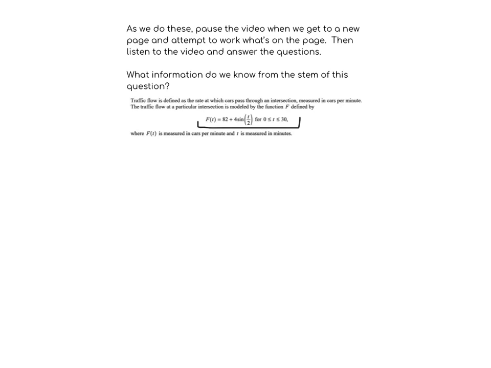We will likely have to deal with both a derivative and an antiderivative of this function. This is calculator active. We should expect that we should not be doing those by hand, although in this case you would be able to, but because this is calculator active, you do not have to do that. And we're probably going to have to talk about the meaning of some of these things.